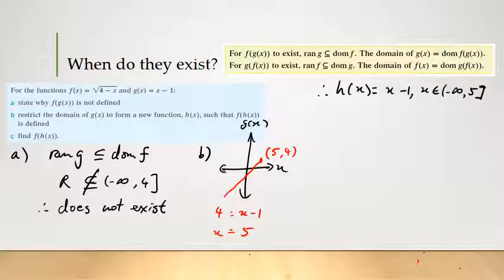Then all we have to do from here on is find f of h of x. So h of x is x minus 1, and f of x is 4 minus x minus 1. Then that becomes 5 minus x, which you can see now the domain works.